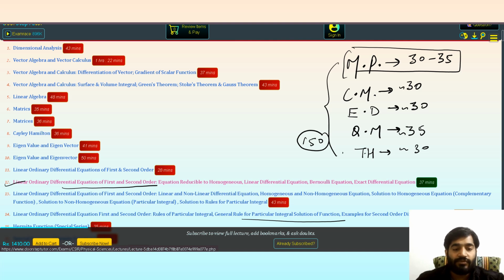Recently the CSIR is focusing on interconnecting topics. If you see the paper, the topics are interconnected; a question is not asked directly from one topic, but interconnectedly. For example, in last year's question, the 2023 paper, atomic physics was interconnected with thermal physics, and only when both concepts are applied are you able to solve the problem.